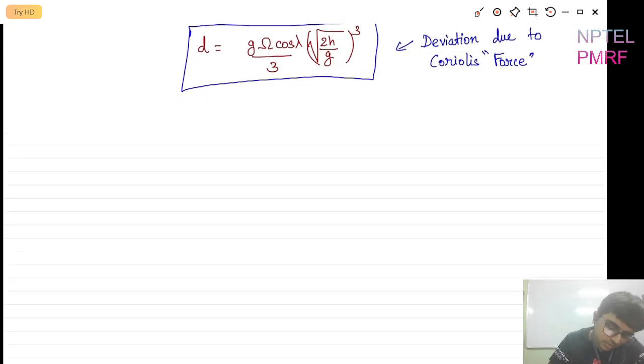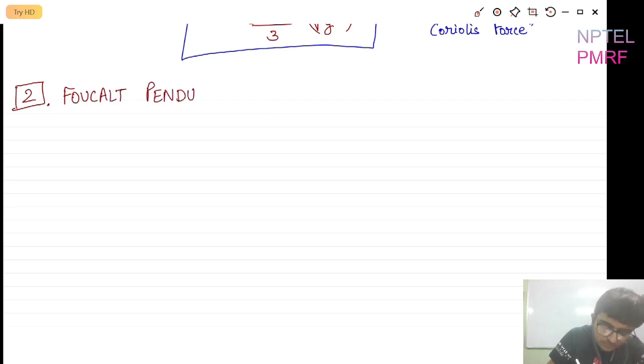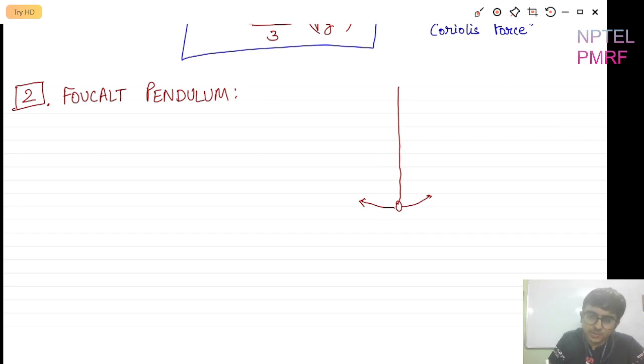Now the second question, which is also very interesting according to me, is that of the Foucault pendulum. The problem statement is that suppose we have a very long pendulum and it's oscillating, right? Then what would happen to its plane?